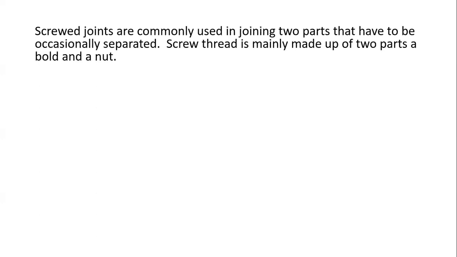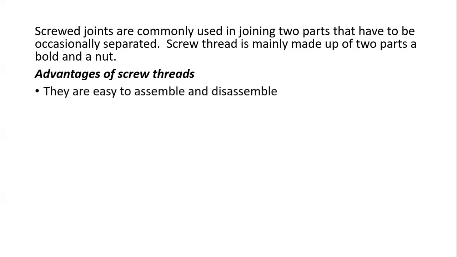When you talk about screw joints, we say that they're commonly used where you may need to occasionally separate the joints and put them back together, assemble, disassemble, meaning that in most cases you have a bolt and nut making up such a joint. And of course, they come with threads.